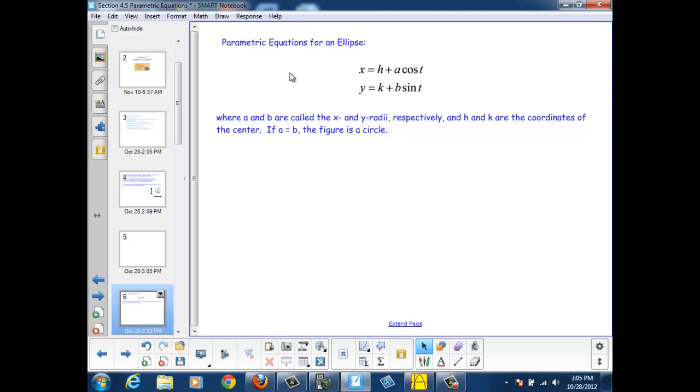The parametric equations for an ellipse are x equals h plus a cosine t and y equals k plus b sine t, where a and b are called the x and the y radii respectively, and h and k are the coordinates of the center. And we saw that if a equals b, we end up with a circle.